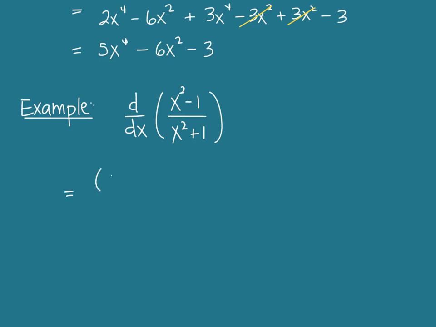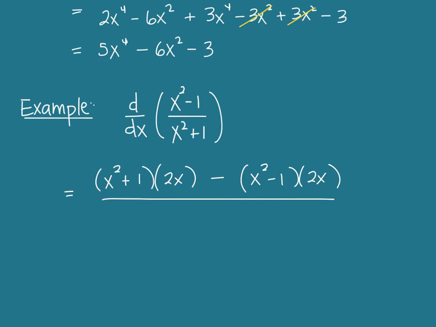So we start with the bottom quantity, which was x squared plus 1, and then the derivative of the top, which is just 2x, and then we subtract the reverse, x squared minus 1 times the derivative, which is also 2x. So you've got B A prime minus A B prime, all over the quantity x squared plus 1, that's squared, which will never be 0, because you can't make that even negative.